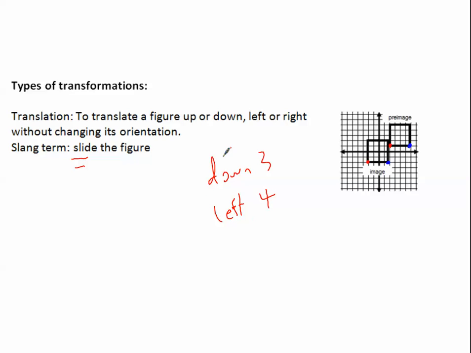This is one way you might see it named. The other map would say for any coordinate x, y, it is being moved. Left means x is negative, so you'll do x minus 4. And down is another negative, that's down in the y direction, y minus 3.